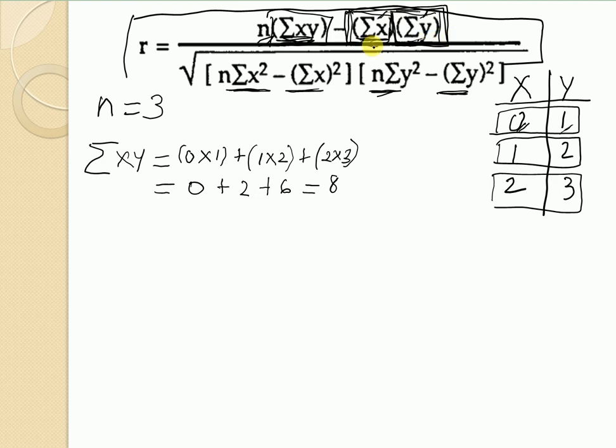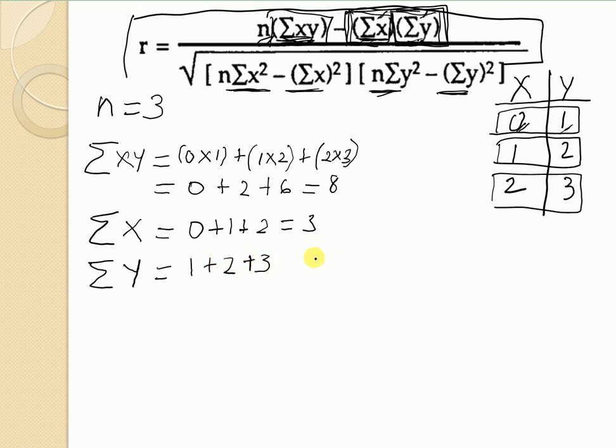And then we multiply the sum of x and the sum of y. So the sum of x equals 0 plus 1 plus 2 equals 3. And the sum of y equals 1 plus 2 plus 3 equals 6.